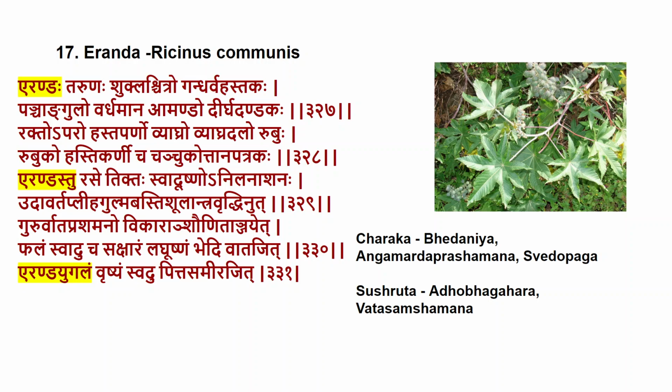It's a Swadu Guna and it has a Kshara Guna and it's a Laghu Guna. Eranda Mula and Eranda Patra, they are Guru Guna, and Eranda Phala has a Laghu Guna, Ushnam, Bhedi, Vatajita. The Bhedaniya Guna is in the Eranda Phala, whereas in the Eranda Mula, it doesn't have the Bhedaniya Guna. That's the important issue. The roots are Shulaghna, whereas the fruits are the Bhedaniya.